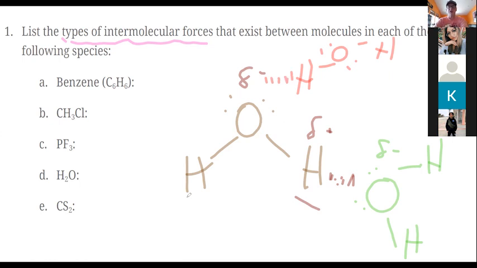So each water molecule can form like 3 hydrogen bonds, and there'd be another water molecule down here and another hydrogen bond. That's why water has such a high boiling point, because each individual molecule of water has the potential to form 3 different hydrogen bonds with other water molecules. So I don't know. I will look that up. I think we just say it has dispersion and hydrogen bonding. I don't know if we would include dipole-dipole, but I will find that out before the end of the class.